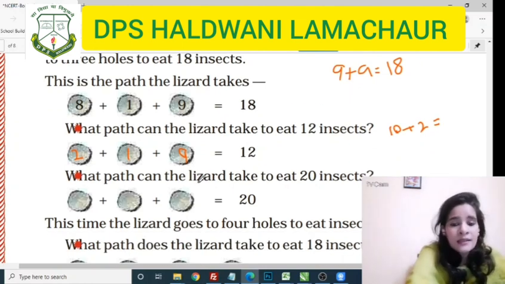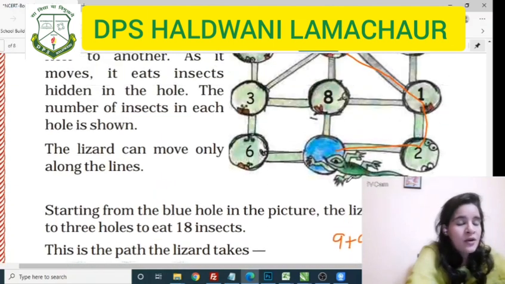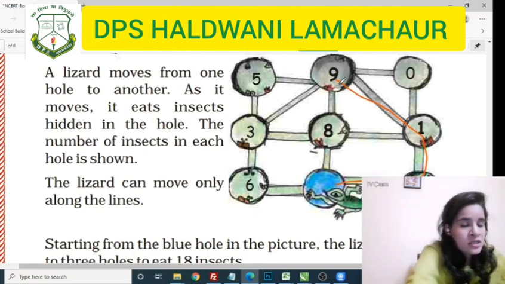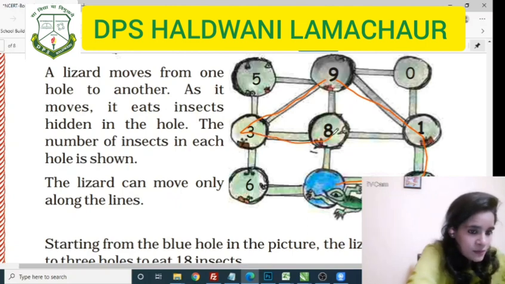What path can the lizard take to eat 20 insects? Now it wants to eat 20 insects. Now how will it eat? In which holes will it go? कौन से होल्स पे जाएगी? 3, 8, 9.